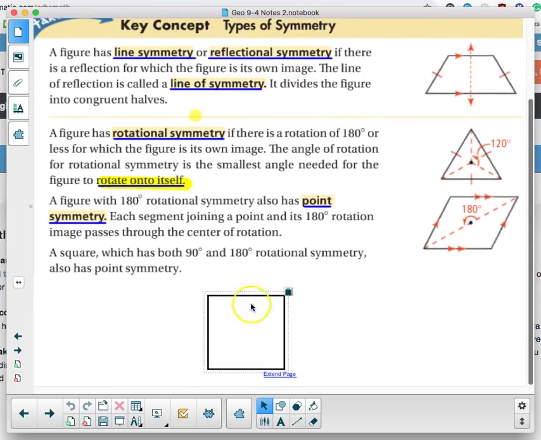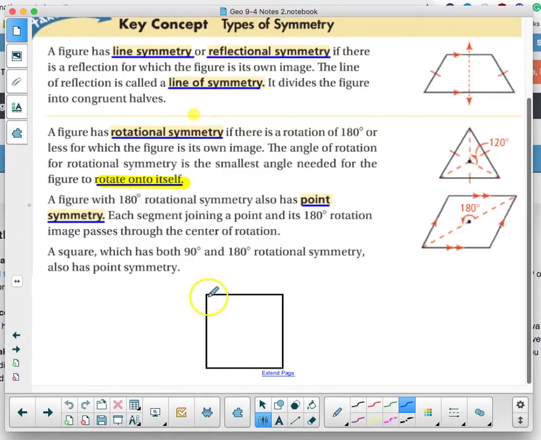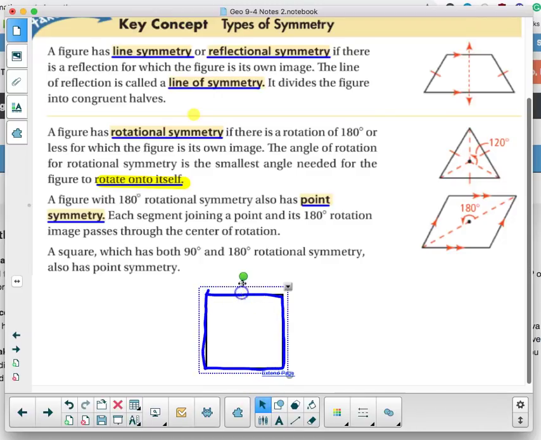So if I look at this square and outline it so you can see, I'll be rotating another figure. I talk about it as rotational symmetry about the center. It comes back to itself after 90, after 180, and after 270. And again, all figures will come back to themselves after 360.